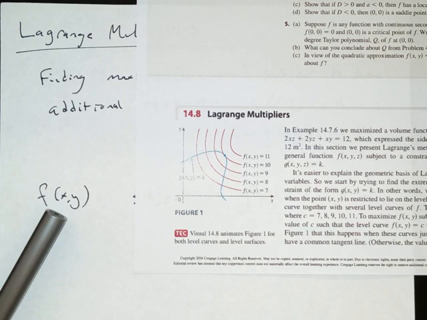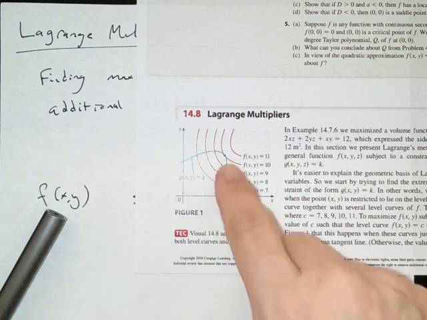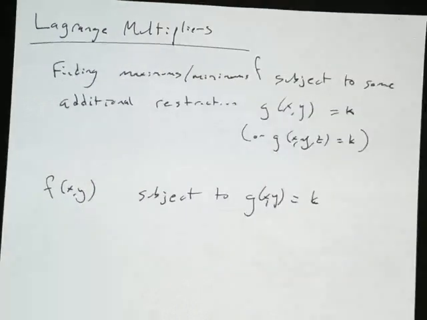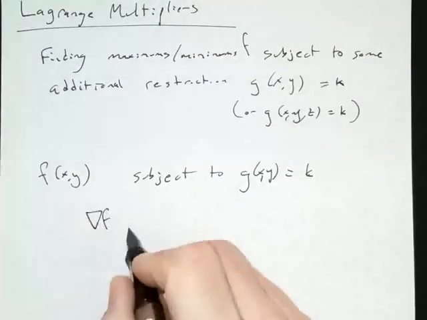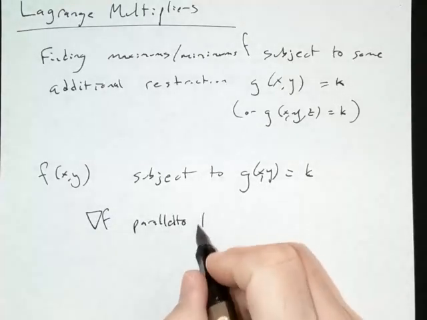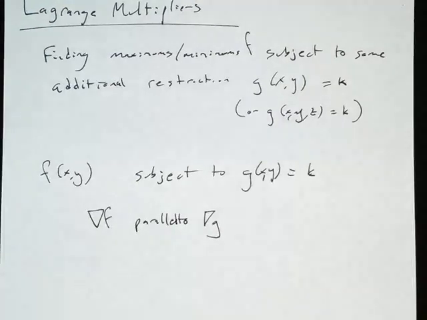And if I want to know where on g is f changing fastest, I need to match up those rates of change. So it turns out that the best way to find this spot is to find out where my gradients line up with one another. That means the gradients are parallel vectors, because the gradient's a vector. I want gradient of f parallel to gradient of g.